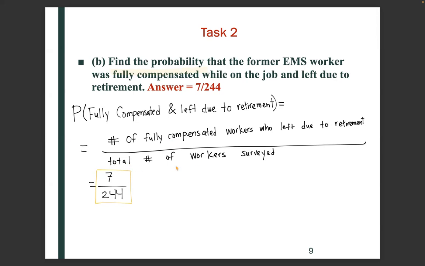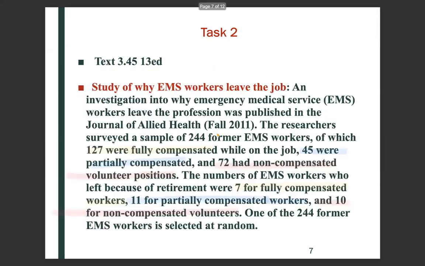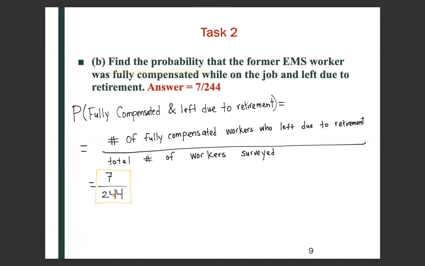So this denominator, 244, will not change. That's the number of workers surveyed. But where were we given the number of fully compensated workers who left because of retirement? That's given here. I've highlighted in yellow the fully compensated workers, and that's the number who left because of retirement. So we will get 7 over 244.